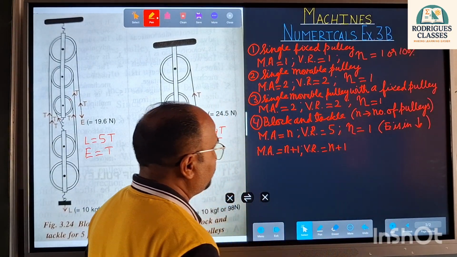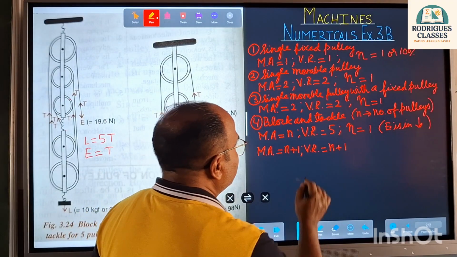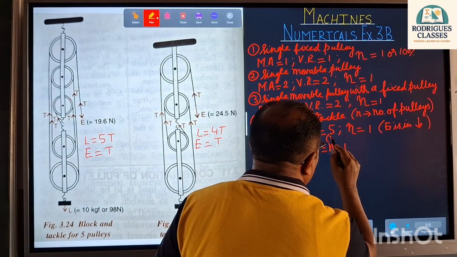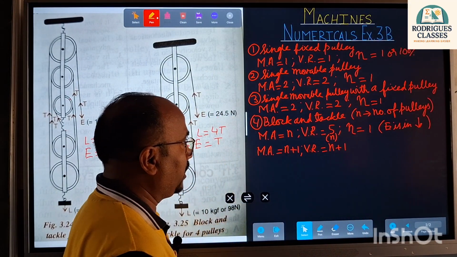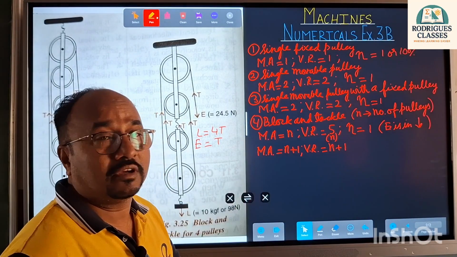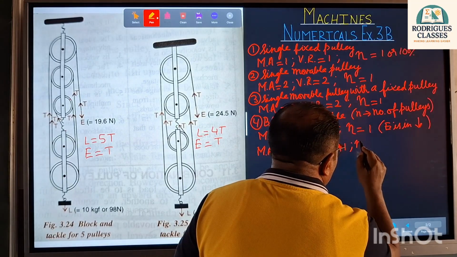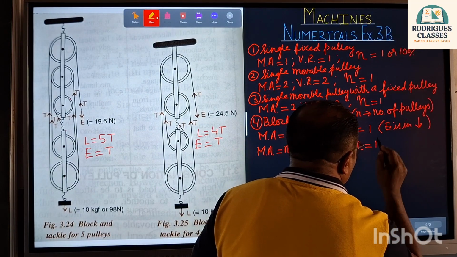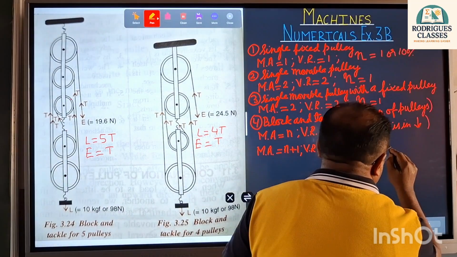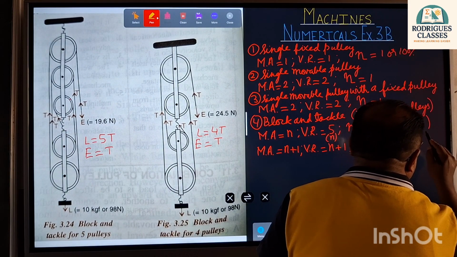Remember, I had written here 5, but if I have to write in terms of the number of pulleys, velocity ratio here will come as N. I have written there 5. Again, I am reminding, if number of pulleys is N, we should write it in terms of N. And efficiency here, in this case also will come as 1. Remember here, effort is in upward direction.